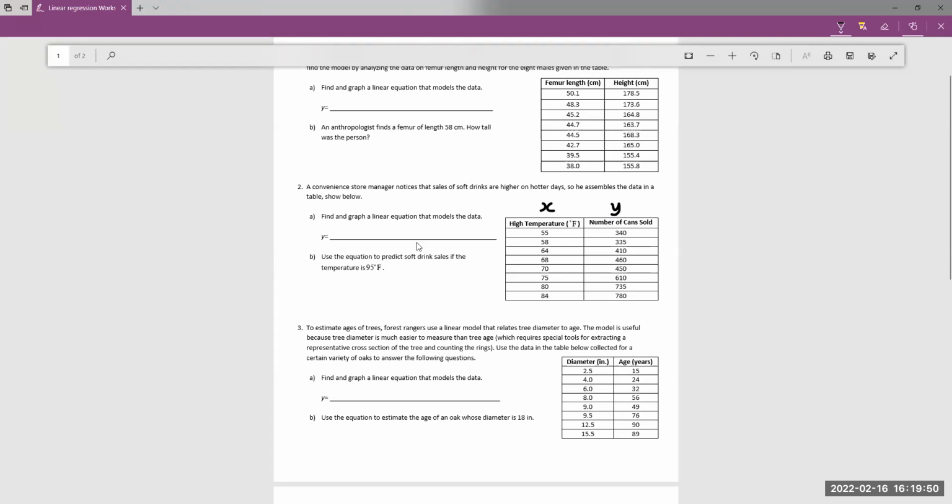Anything that you're predicting, that's going to be Y. Should I go over to a whiteboard? Yeah, you can go over to the whiteboard, because I know it would be difficult to work out those calculations there.